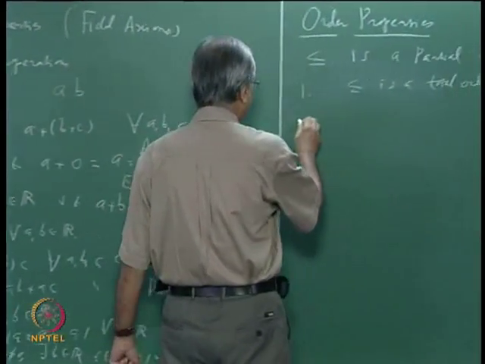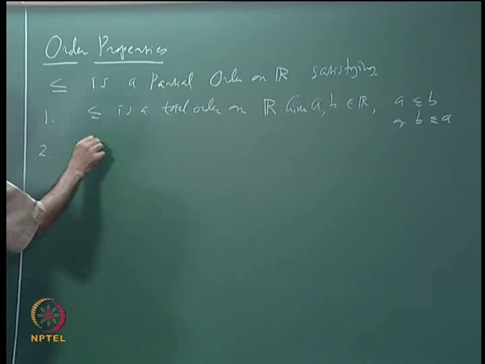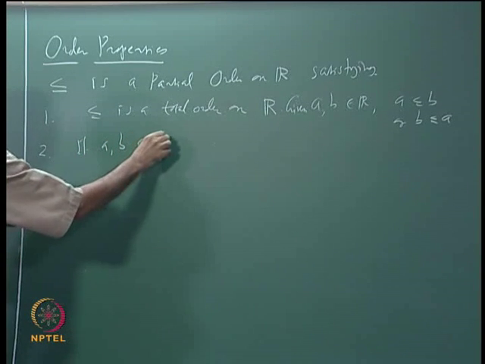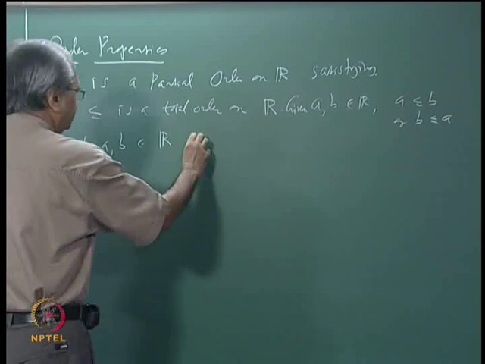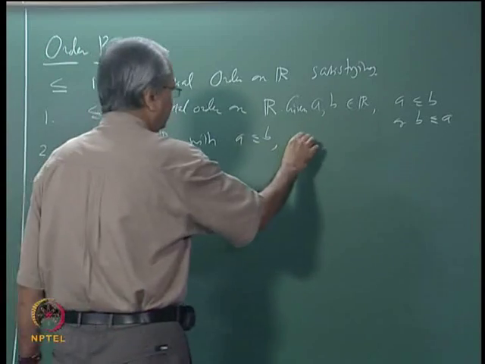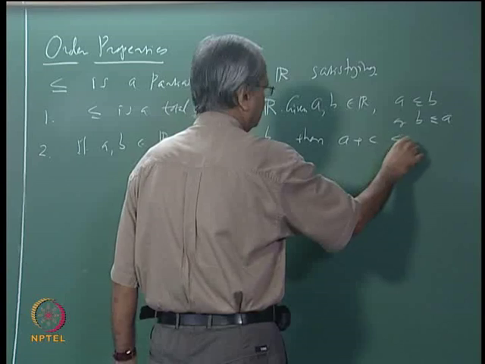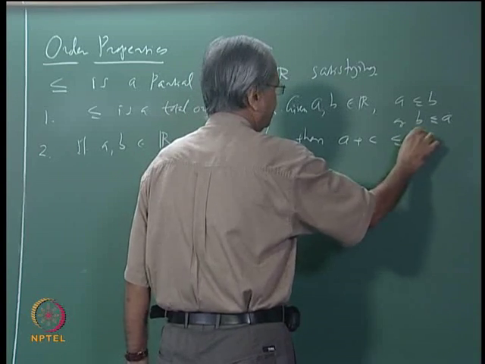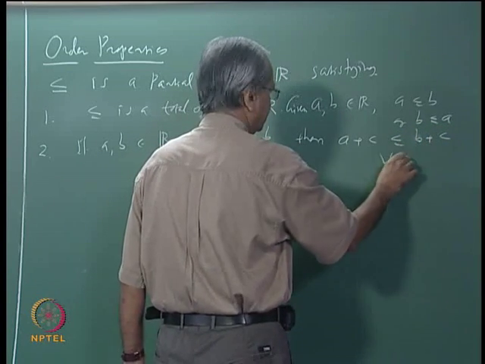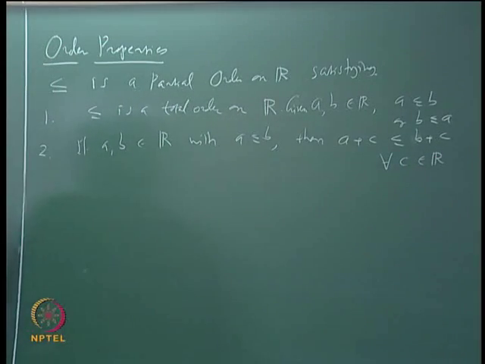So let us say if a, b belong to R with a less than or equal to b, then a plus c is less than or equal to b plus c for every c in R. That means addition of some real number does not change the existing order between the two real numbers.